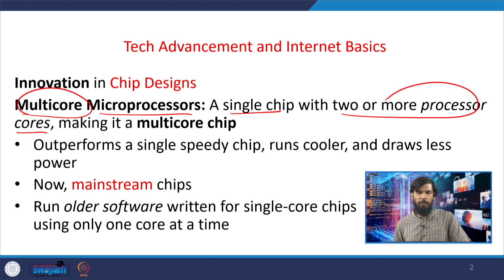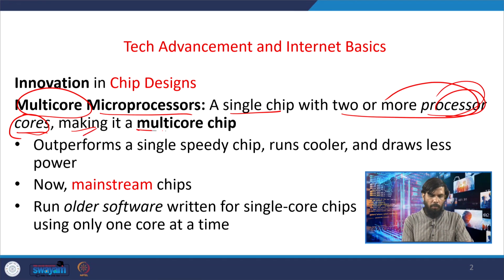Earlier chips had just one core, a chip having just one processor, or we simply refer to it as a single microprocessor. Now when we say multi-core microprocessors, we are talking about a single chip containing two or more processing cores, and that's what makes it a multi-core chip.